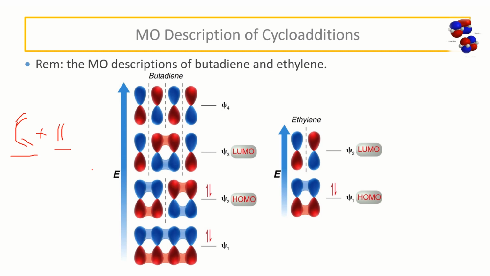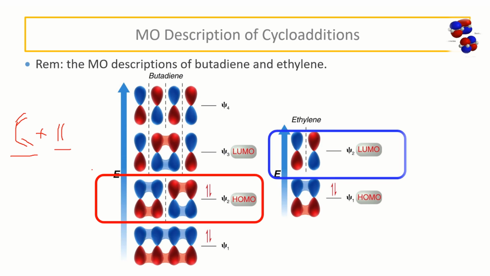Look closely, because what you notice is that we stated it's the highest occupied molecular orbital donating electrons to the lowest unoccupied molecular orbital. And of course the symmetry has to be the same, has to be symmetry allowed.